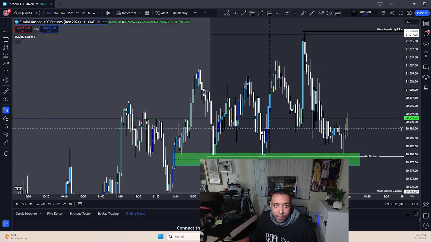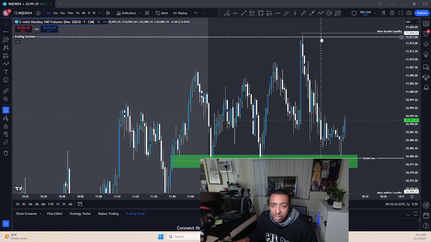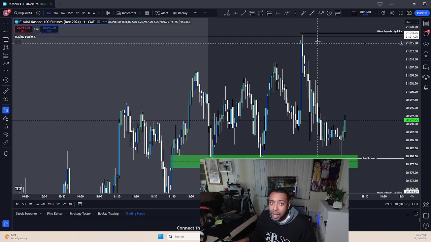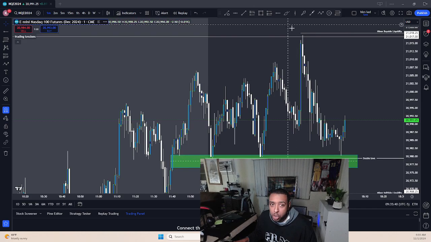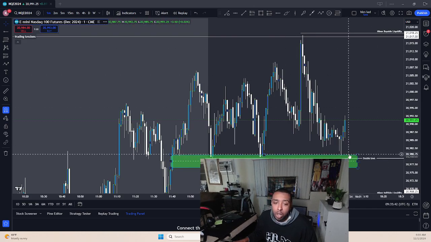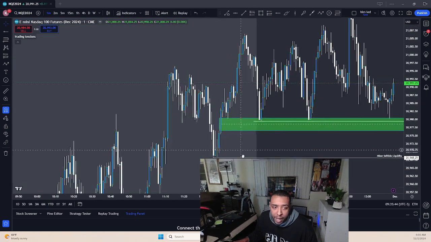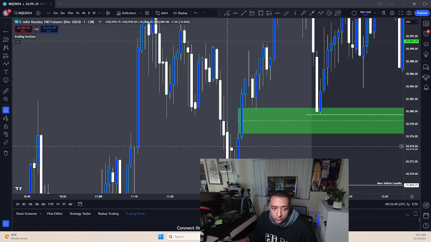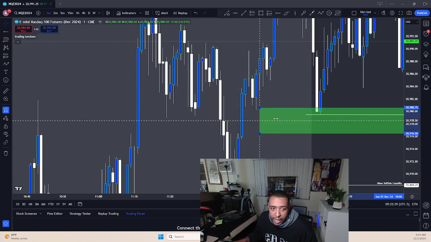So we have the high, which is buy side liquidity. Remember, the top is liquidity. Swing highs are liquidity, swing lows are liquidity. A fair value gap is basically a 3 candlestick pattern where the first candlestick and the third candlestick do not touch and it leaves a gap.